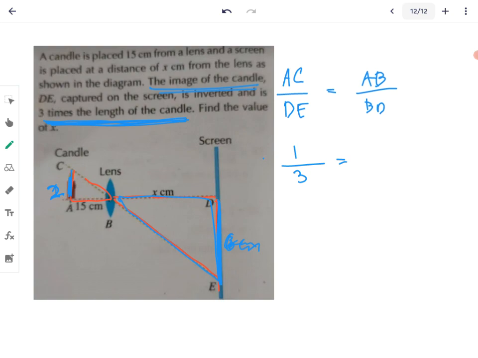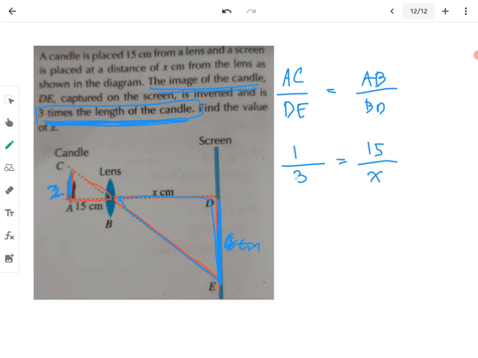The length of the candle is 1/3 of its image. It's 3 times the length. So think of this idea here. AB is 15. Then BD is what we are trying to look for, that is x cm.